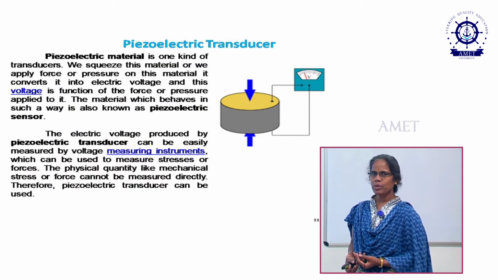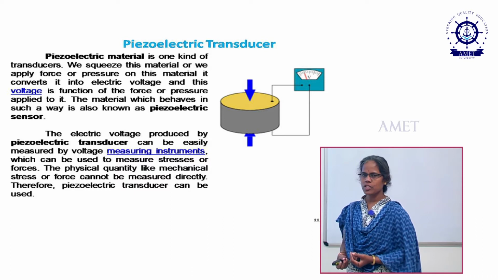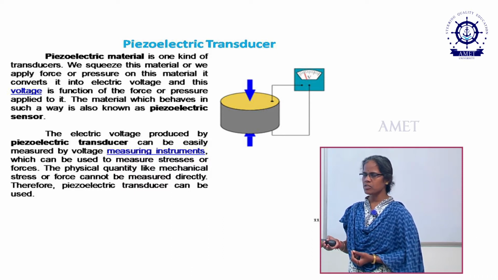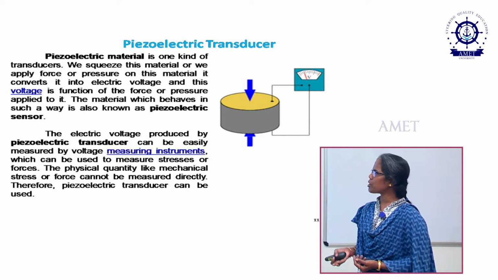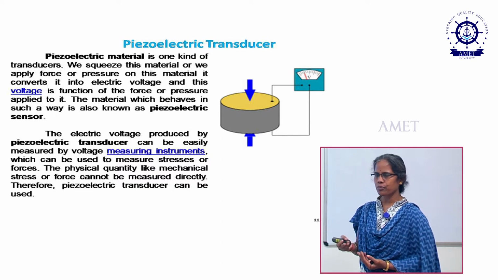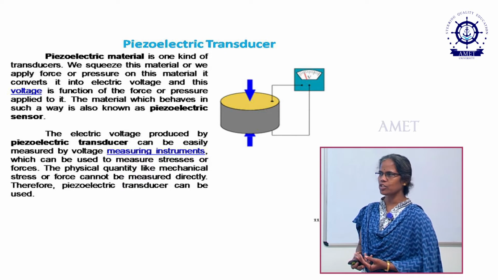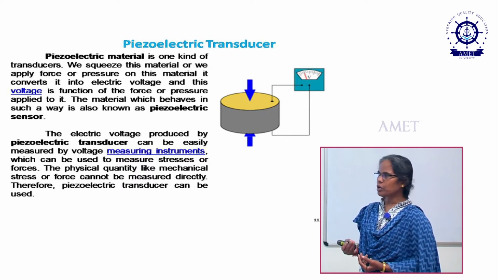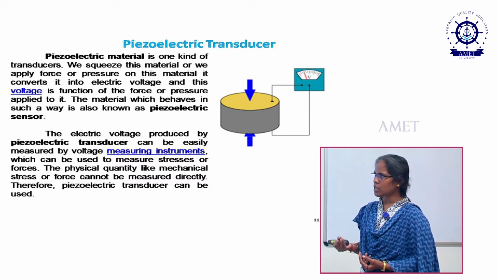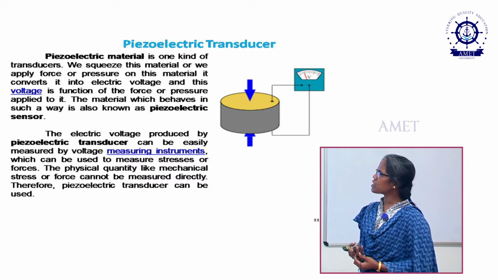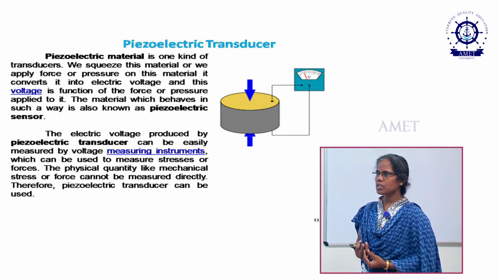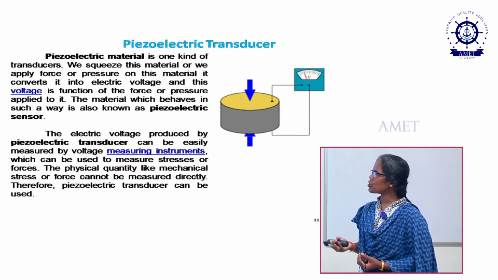This is another type of transducer, the piezoelectric transducer. The piezoelectric transducer also converts one form of energy into another. Here flow, force or vibration is converted into an electrical signal. Regarding piezoelectric material properties, when we apply force or pressure to this material, it converts it into electrical voltage or current.